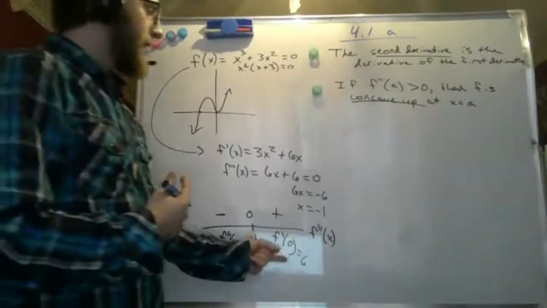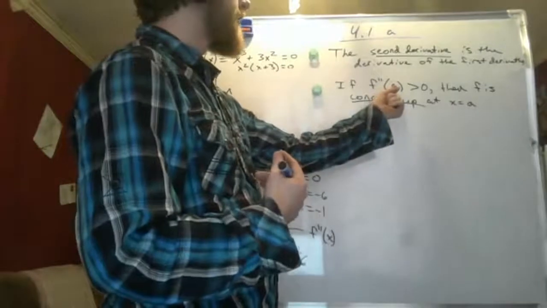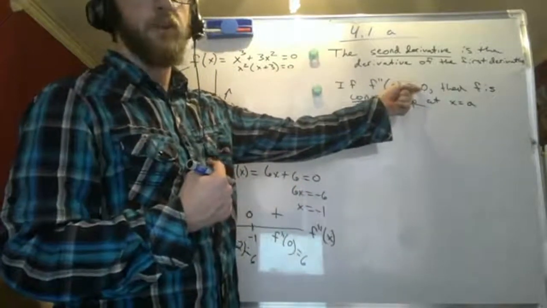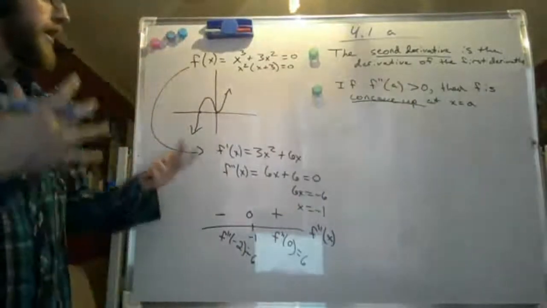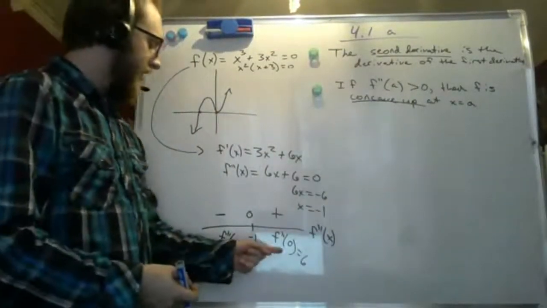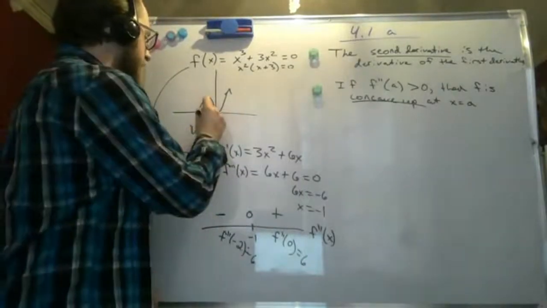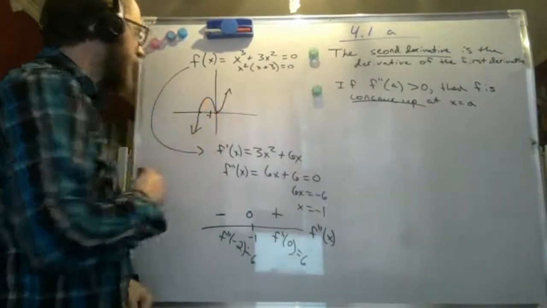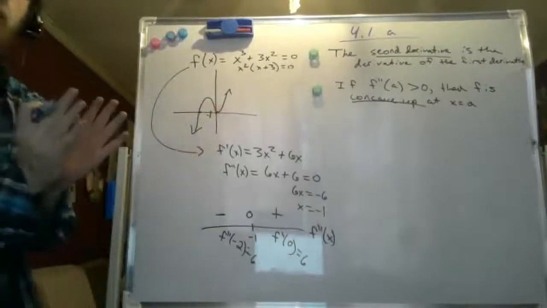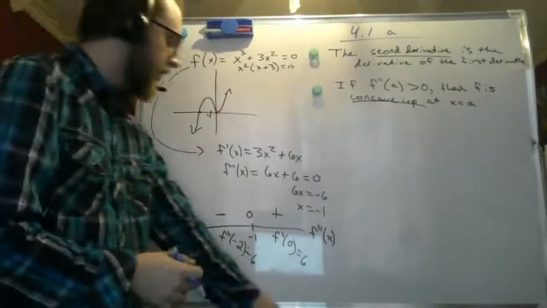So what does that mean? Well, based on my definition here, for any a value where the second derivative is positive, bigger than 0, then my graph is concave up. So for all my x values to the left of -1, it's concave up.